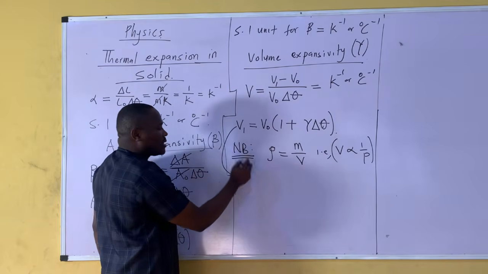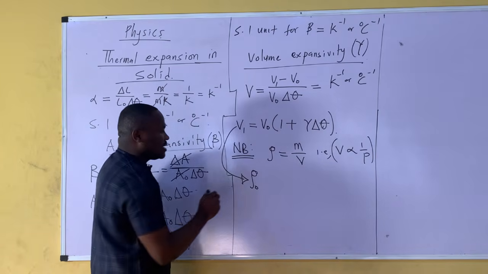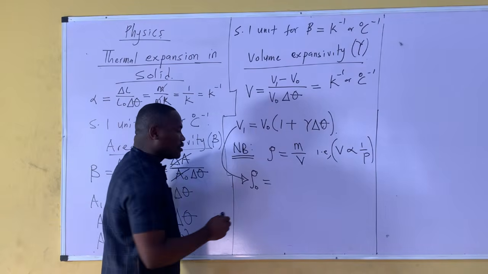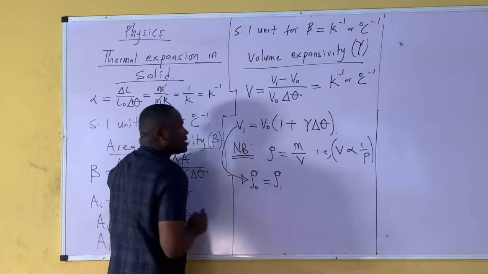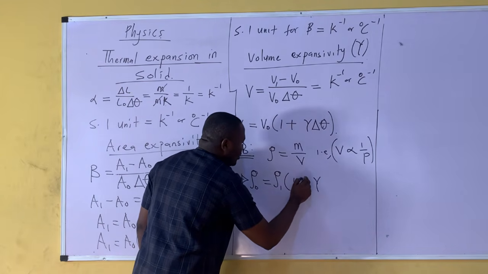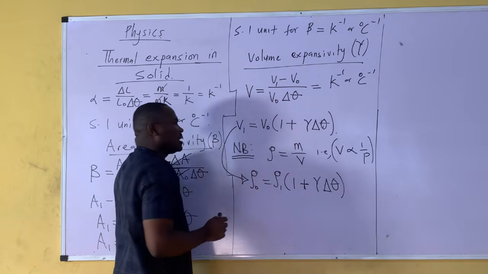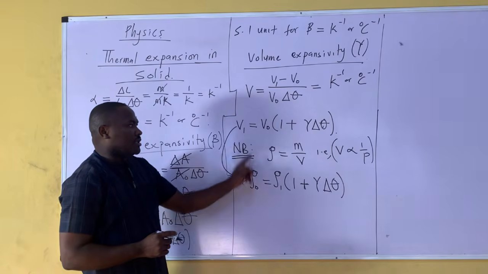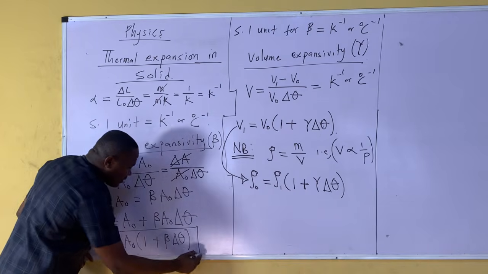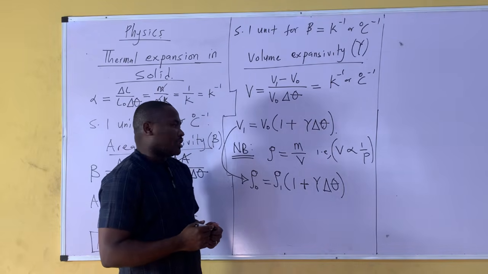Instead of my V1 here, I will have density naught, that's the original density, is equal to, instead of my V naught there, I will now have my new density. Then I will have every other thing unchanged. This is the way density is expressed. This is the way volume is expressed. This is the way the new area is expressed. And I've shown you how the new length is expressed.